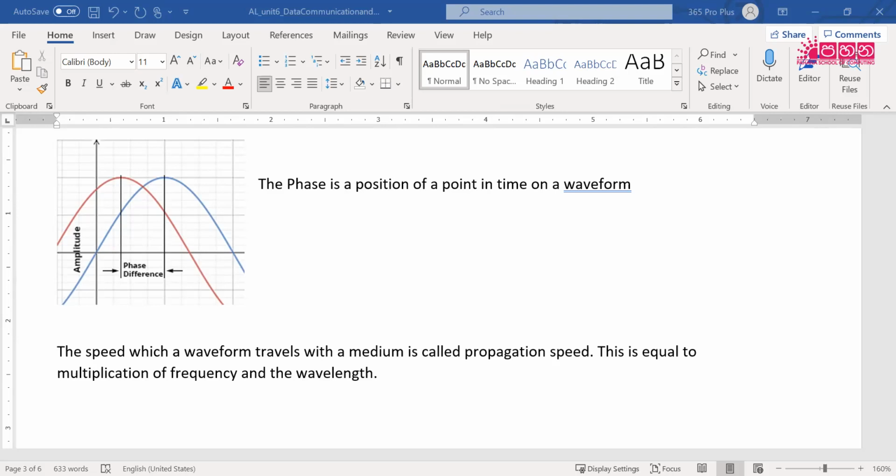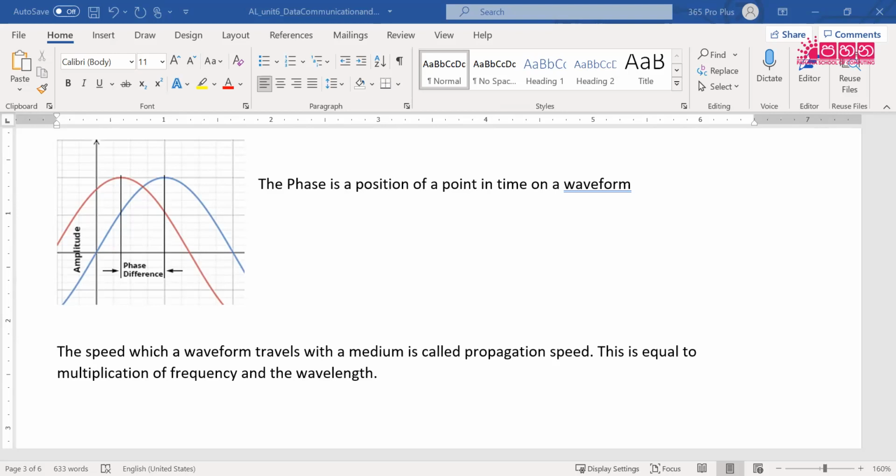To discuss this, we will look at the different media used in data transmission. We know that we can use wired media like twisted pair, coaxial, and fiber optics, and also free space, unguided media.